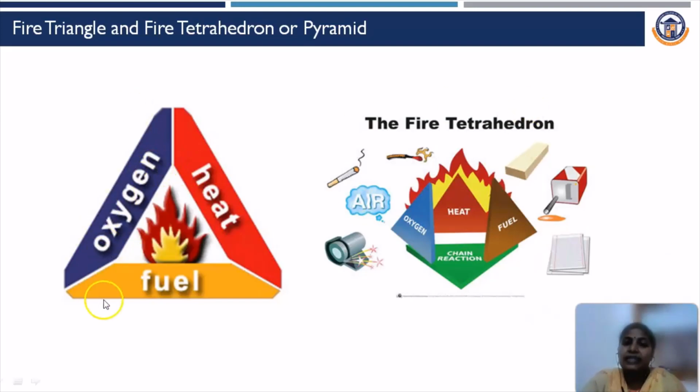If it is only in the fire triangle stage, between fuel, heat and oxygen, there are many chances to put off the fire. But when the fire aggravates to the fire pyramid or fire tetrahedron stage, the chain reaction continues to burn and develops the fire, which is very difficult for the firefighting crew to put off.